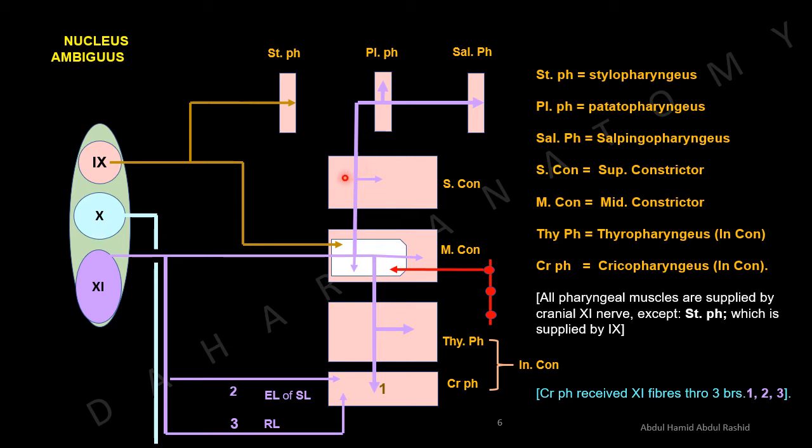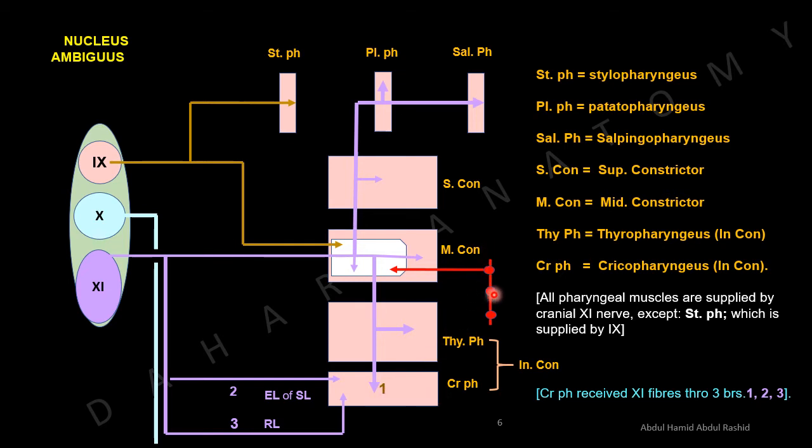This is superior constrictor, this is middle constrictor, and these two are inferior constrictor. It has two parts. The upper thyropharyngeus part arises from the thyroid cartilage. This lower part, cricopharyngeus part, arises from the cricoid cartilage.